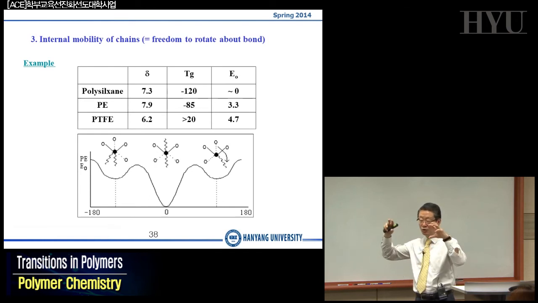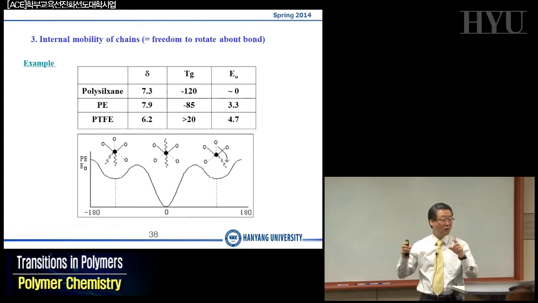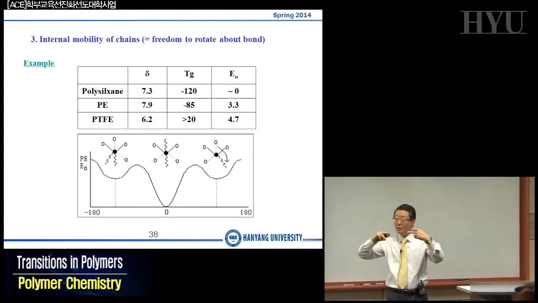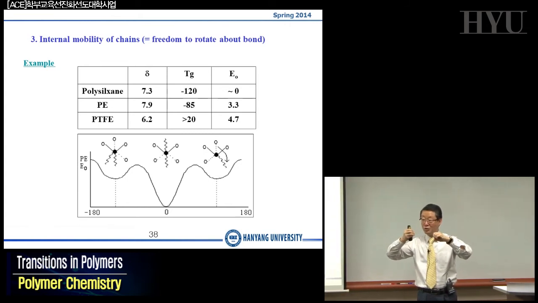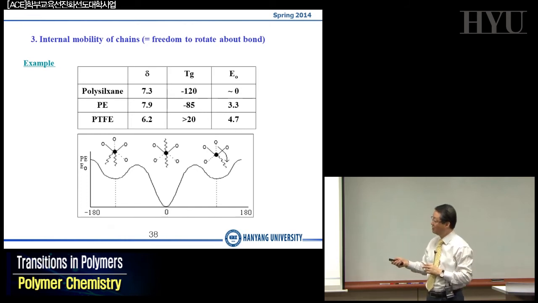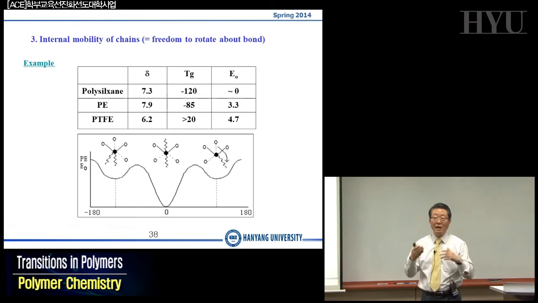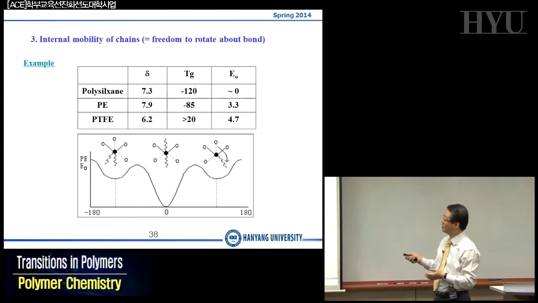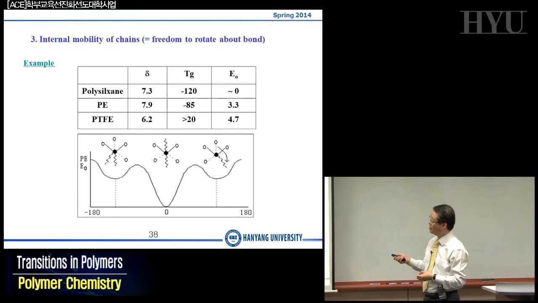So if you have larger substituent groups on your carbon chain, then carbon-carbon rotation is quite restricted. It's not easy to rotate because of the larger substituent groups, right? So the rotation is quite restricted in PTFE compared to polyethylene. Polyethylene is much more flexible than PTFE. Because of the restriction in rotation, PTFE has a higher glass transition temperature than polyethylene.